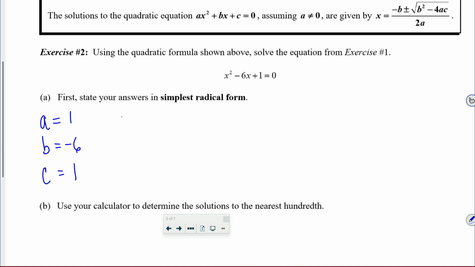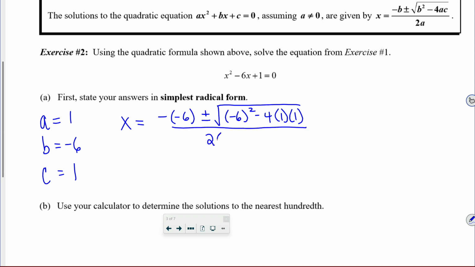So now let's just substitute these in. X is equal to negative 6 plus or minus the square root of negative 6 squared, I would highly suggest putting that in parentheses, minus 4 times a times c, all divided by 2 times a.